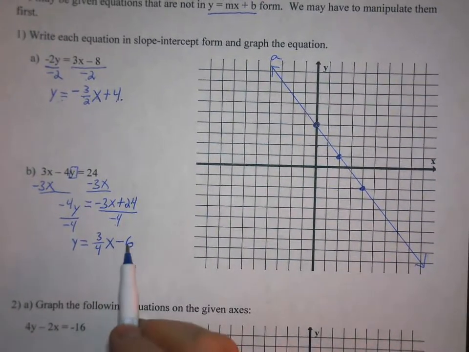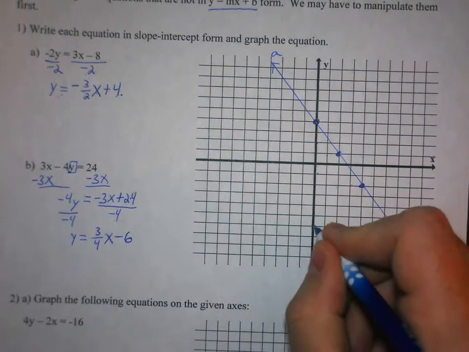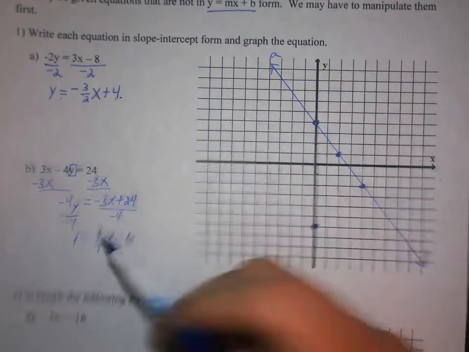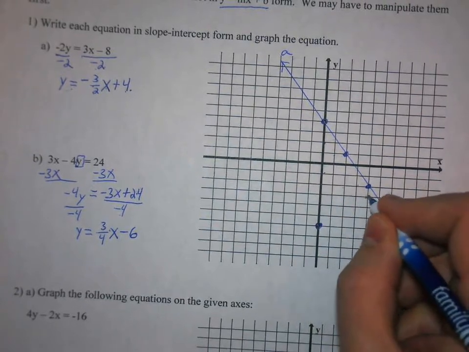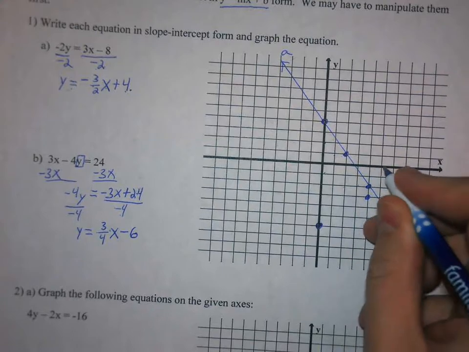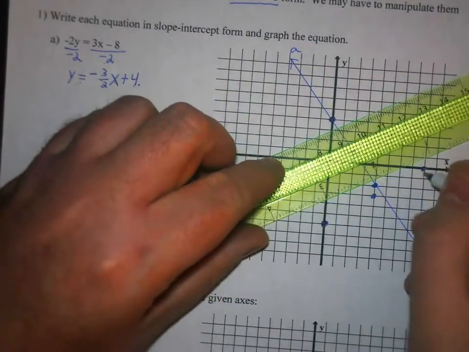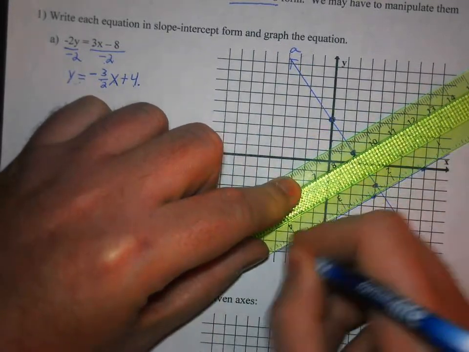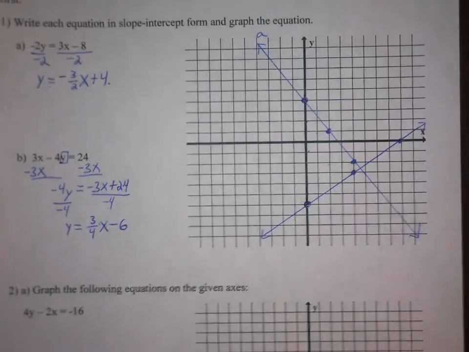So we would start at the y-intercept at 0, -6. So we start down here. And then a slope of 3/4. The rise is 3 and the run is 4. So up 3 to the right 4. And if we connect those with our line using our ruler, we have our linear graph there.